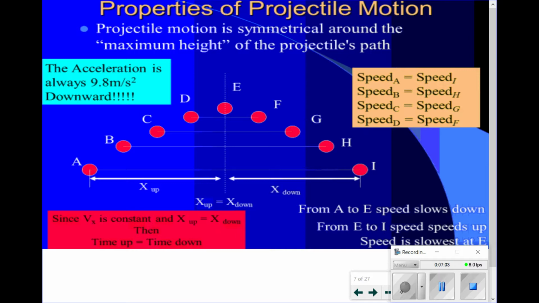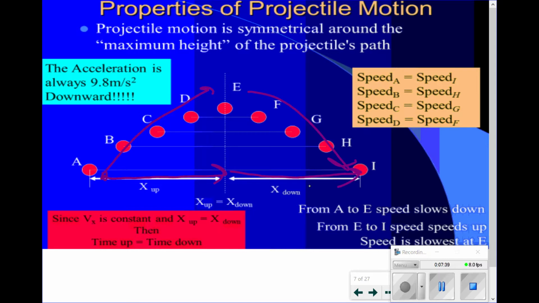Well, since projectile motion is in fact free fall motion, we have that same kind of symmetry, where the time it takes for a projectile to reach maximum height is the same amount of time as it takes to fall downward. But since the x motion is at a constant velocity, and the time up is equal to the time down, then the distance I travel along the ground for the first half of the motion has to be the exact same distance traveled on the second half of the motion.